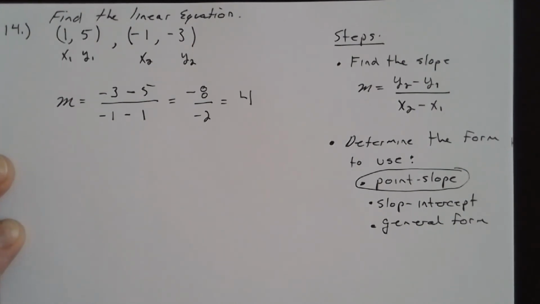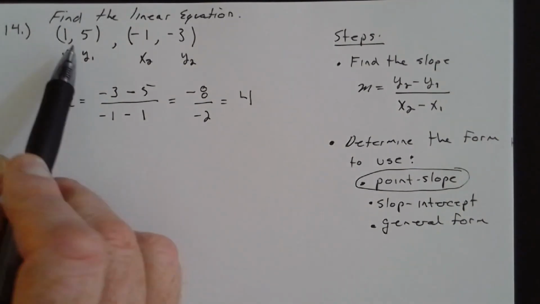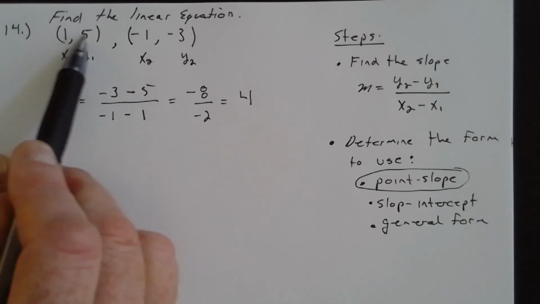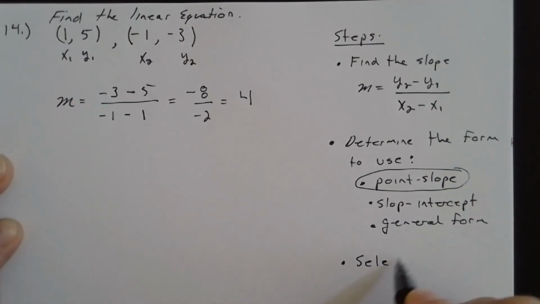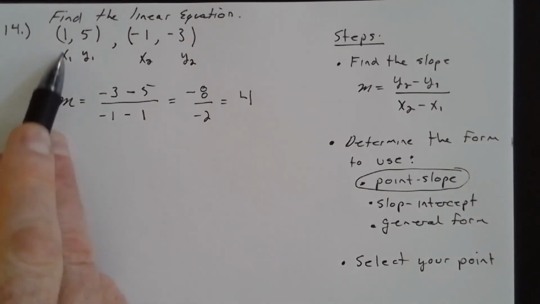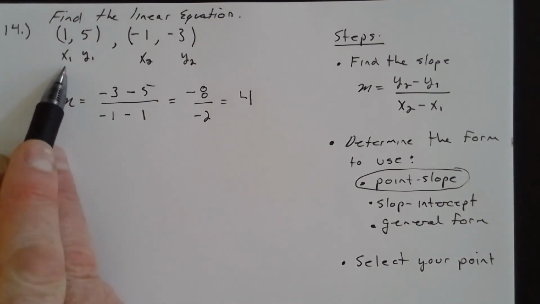If there's one that has higher numbers but most of them are positive, choose the one with the more positive numbers, because negative numbers tend to introduce a lot of errors. And so I would go with this one here, even though they're a little higher. So determine the form and then select your point. And it just happens to be that that's already labeled x1, y1.